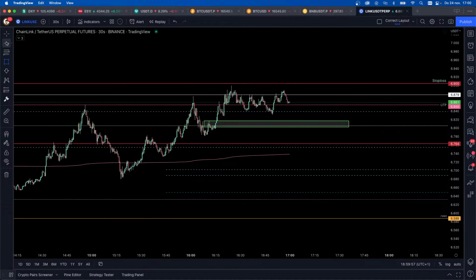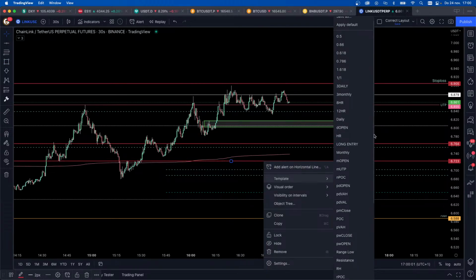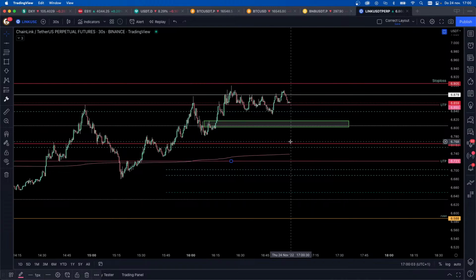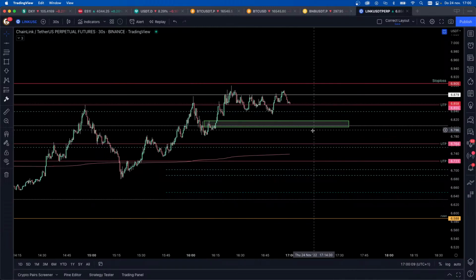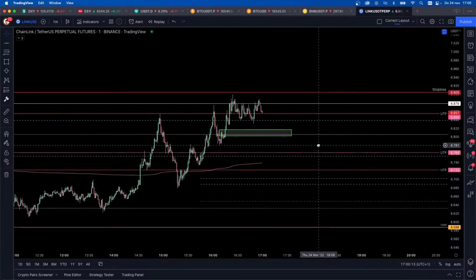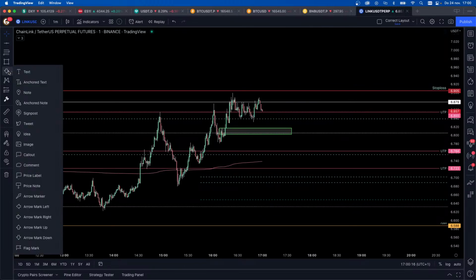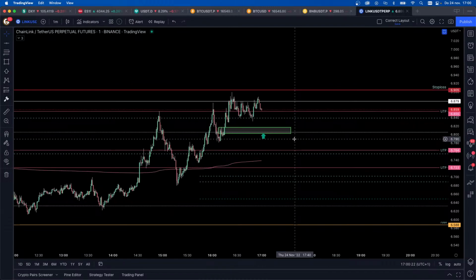And then we have an untapped price region over here. Yeah, I would say that this is my target. You can clearly see this as an untapped price region.